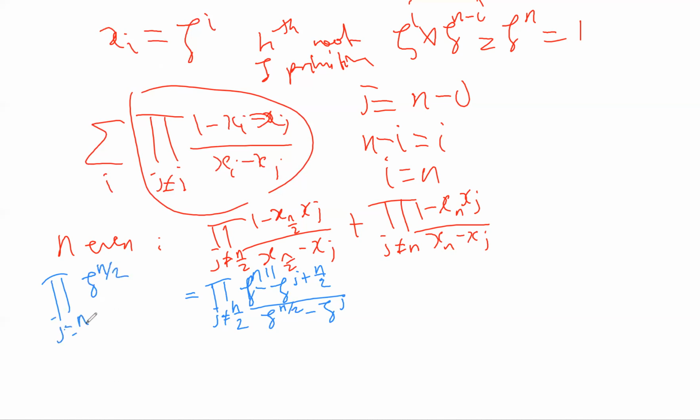So there's no j's anymore. So you just got to power it up now. So it's the power of n minus 1.